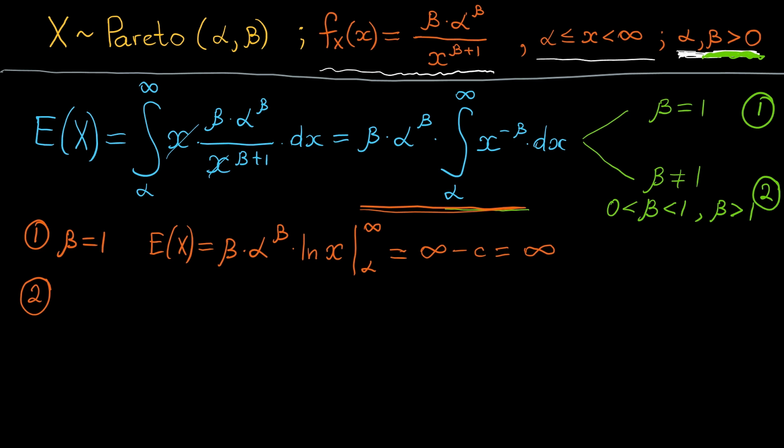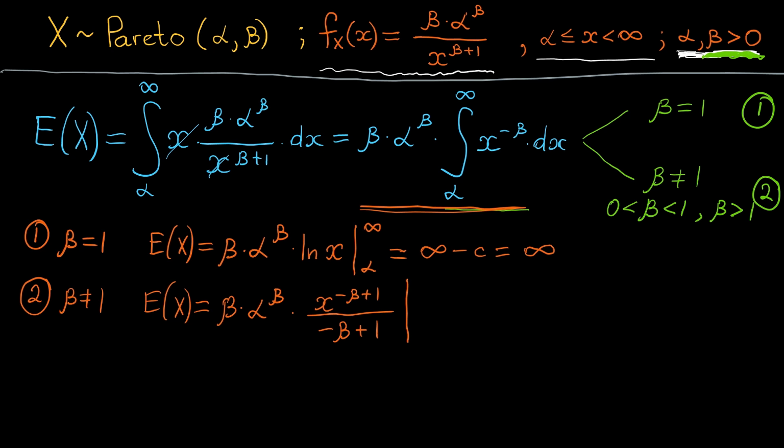Let's take a look at the second case. So now, when beta is different than 1, let's try to see what the expected value of x will be. We get beta times alpha to the power of beta times, and now we'll use the power rule. So we have that x to the power of minus beta plus 1 over minus beta plus 1. Okay, and the limits of integration are alpha to infinity.